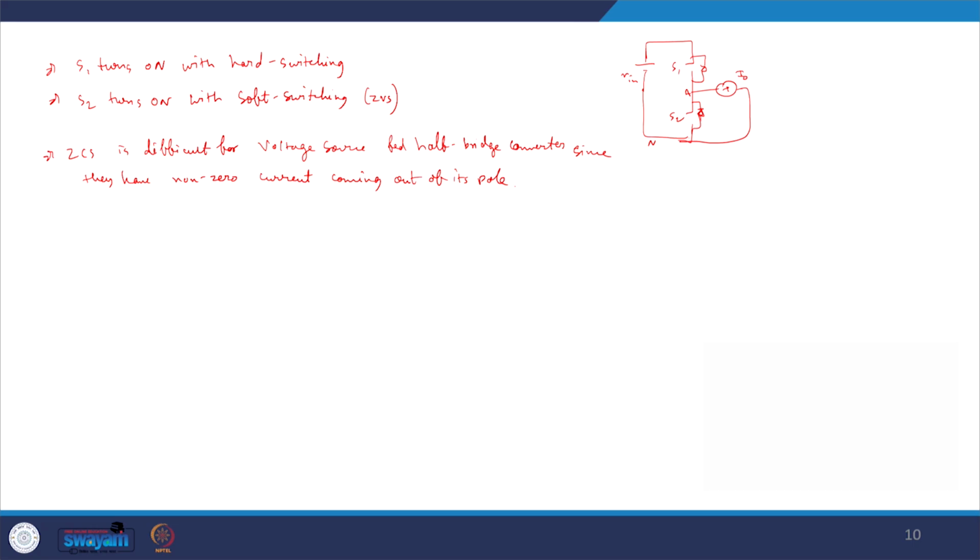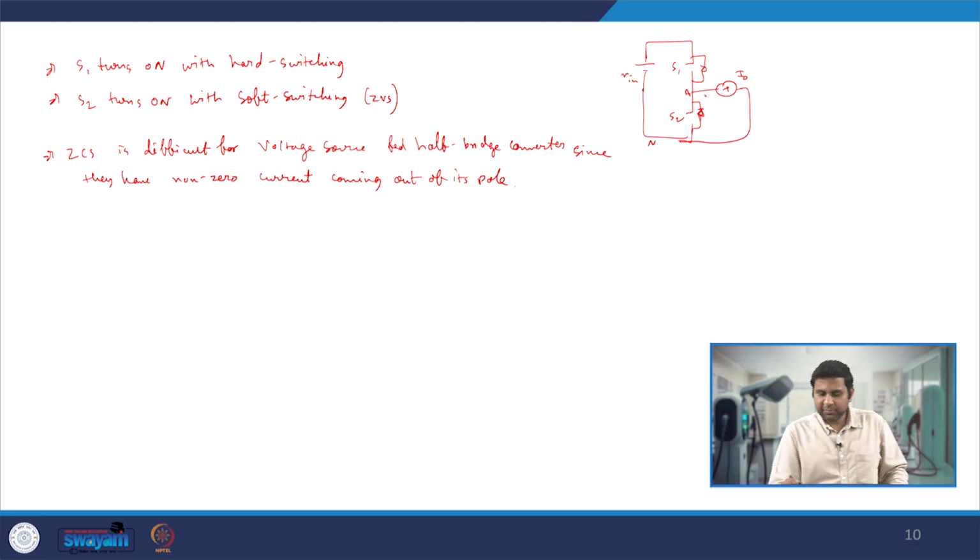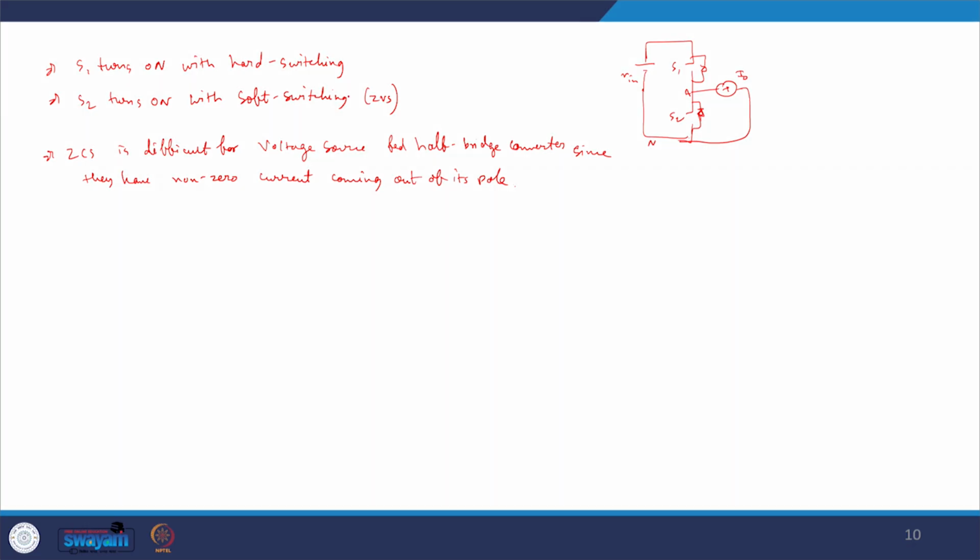However, there is a possibility: if the I naught current itself goes to 0 because of the operation of the circuit after this half bridge, then we will achieve ZCS during turn off as well. So in cases where we have a voltage source converter with a constant current, we only achieve ZVS during the turn on of one of the switches.